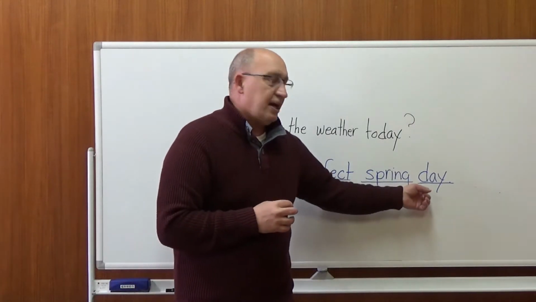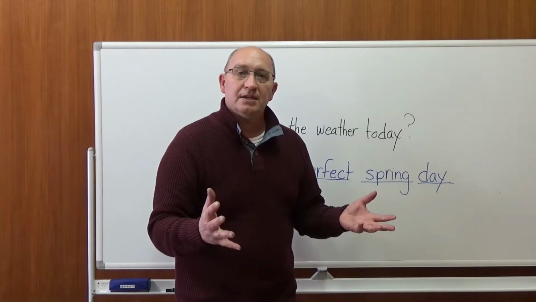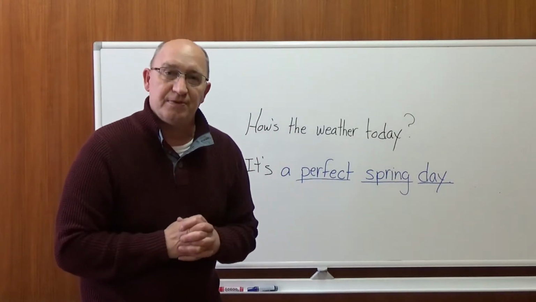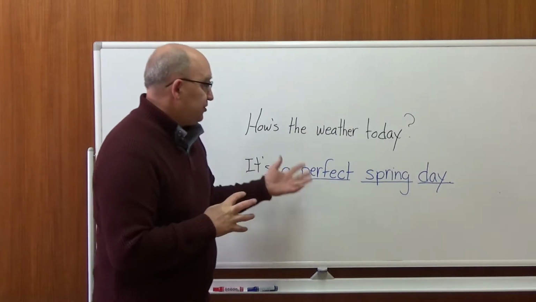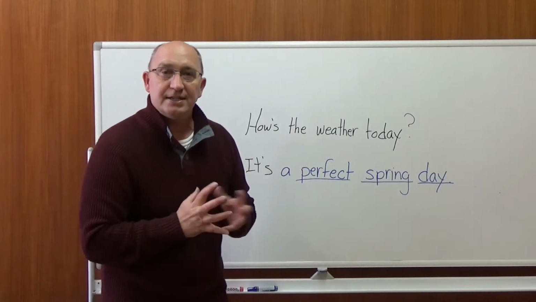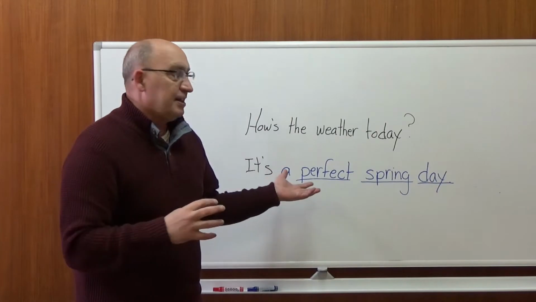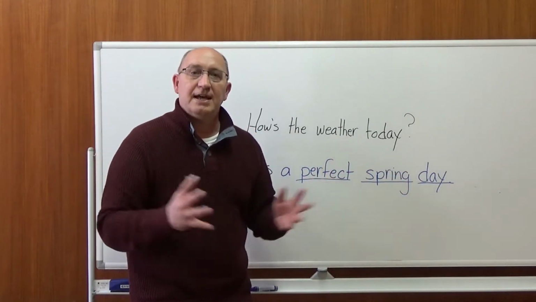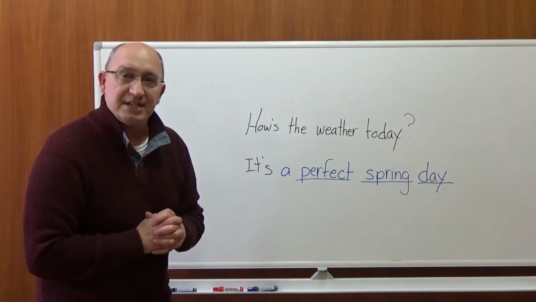And the word day, I could change to morning, afternoon, night. So you have a lot of options with this phrase. It's a perfect spring day, or it's a lovely summer evening. So there are many ways to use this.